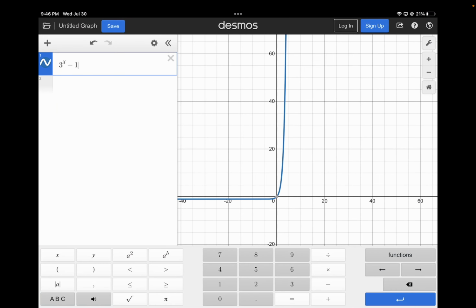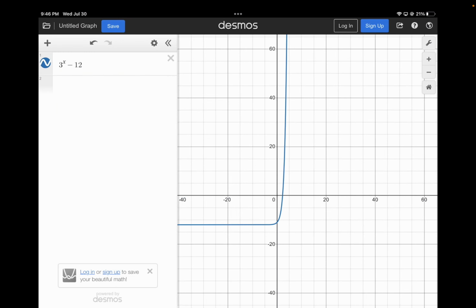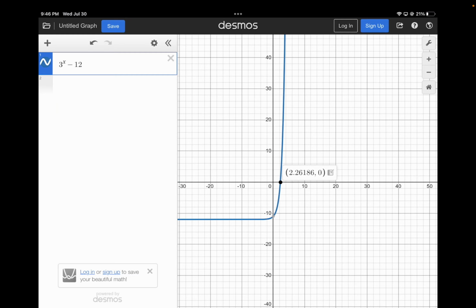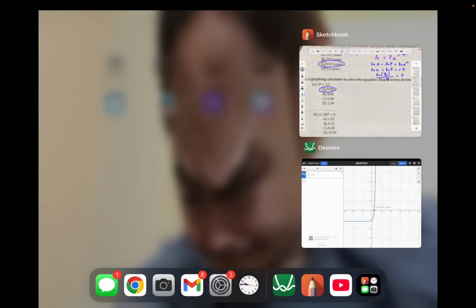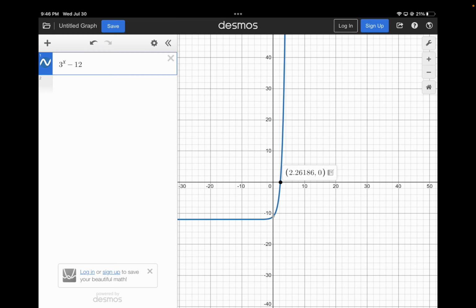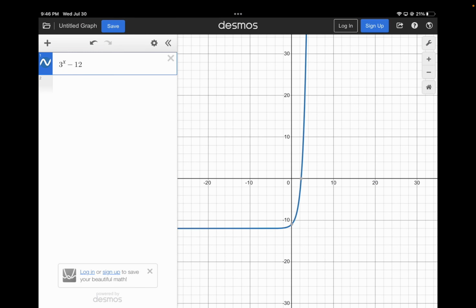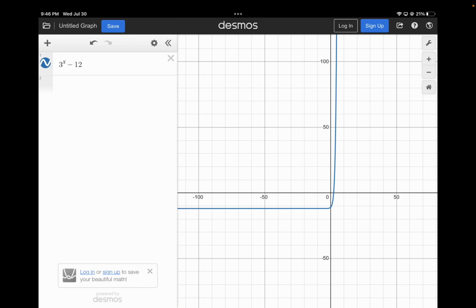I don't know how you would solve this on your graphing calculator, but if I put it in Desmos, I could see that x is going to be equal to 2.26, which is right here. If you are using a calculator, you're looking for when the graph crosses the x-axis, which it crosses at 2.26 here, and it crosses nowhere else, so this is our answer.